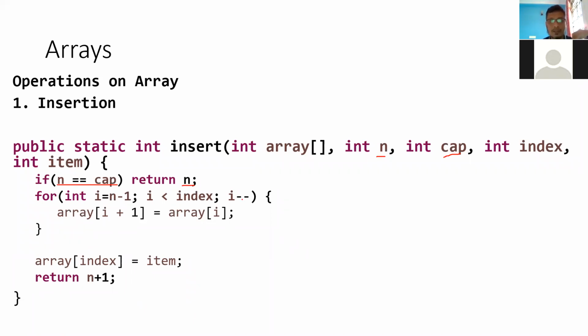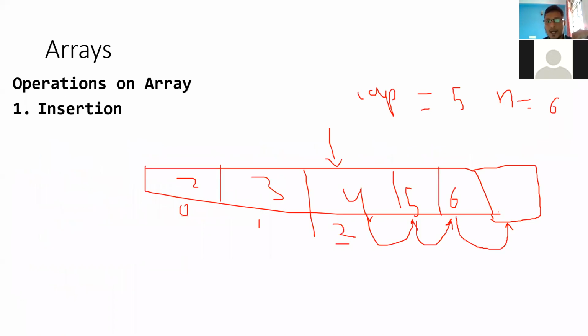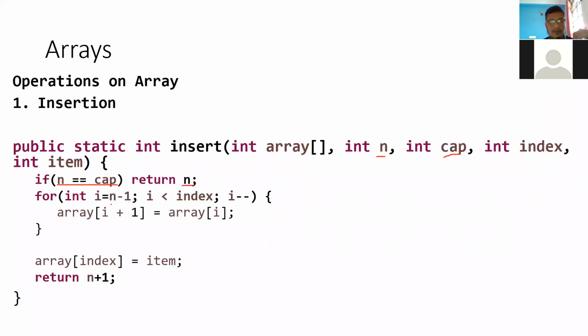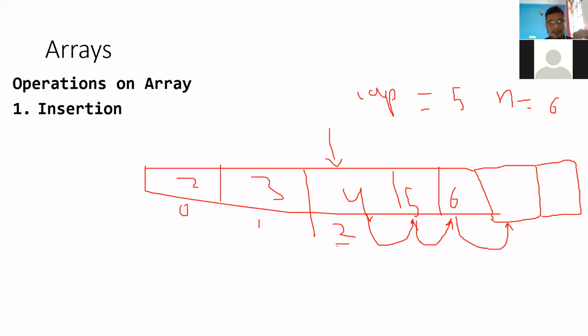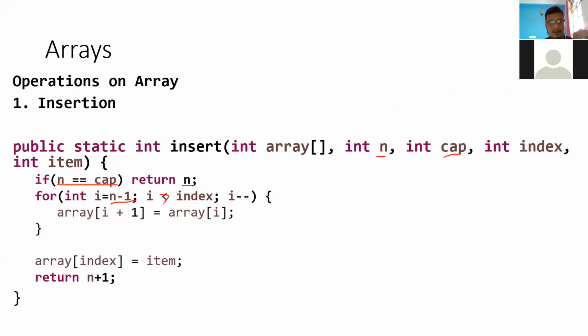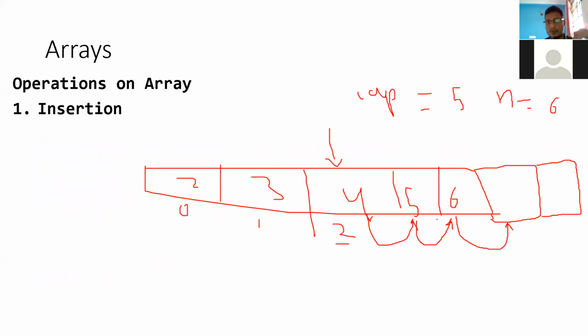Otherwise, what you do is you start from the last element, right? For example, even if this is empty also. What you need to do is start with the last element. So that is what I'm doing over here. Start with the last element, n-1, and continue while i is greater than index. It is not less than, actually it should be greater than index. Okay, so you do i minus minus. So what exactly am I doing? Same thing.